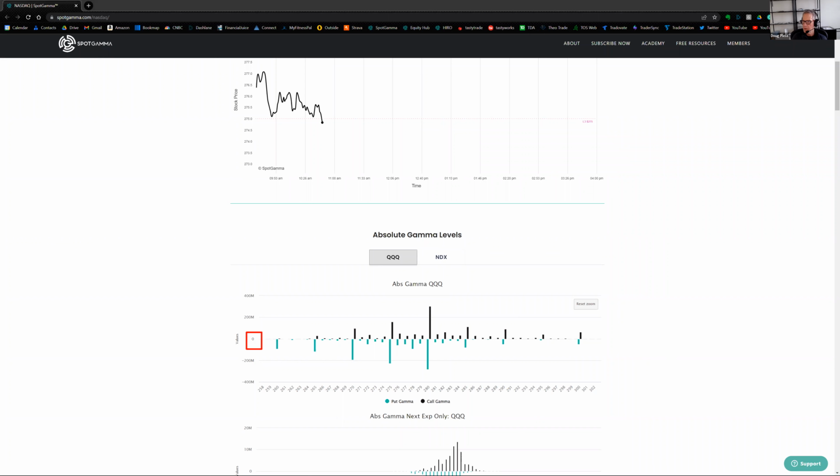Again, this is just for today, just to give a visual example of these levels. So for today, put wall, absolute gamma strike, and call wall at 270, 280, and 290.